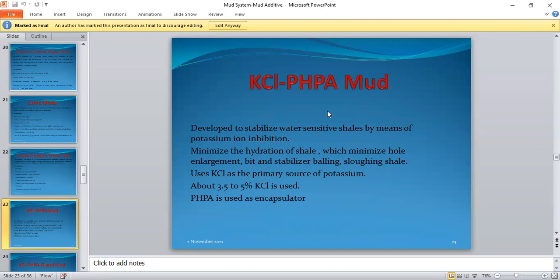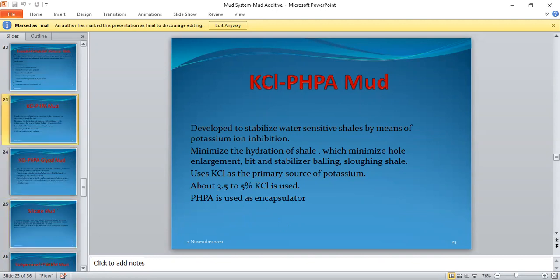So you have your mud system, but in this case, you have KCl and PHPA. KCl could be 3.5 to 5% by weight or by volume, but mainly it is by weight.